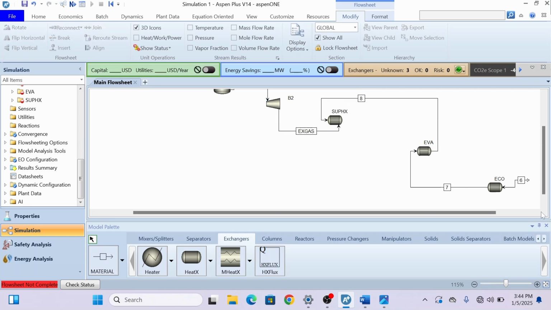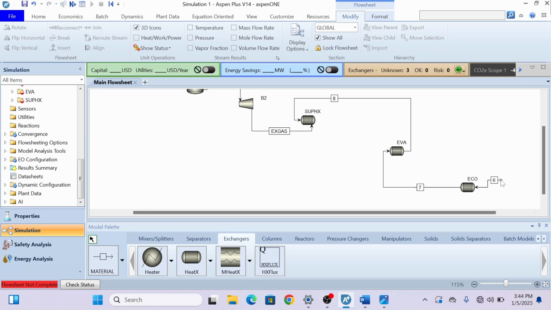You have to keep in mind that water is our cold stream, and these exhaust gases are our hot stream. So water in, here it is water out, and at the exhaust end of this evaporator you will have steam, so you can write it as steam. So now I'm going to complete my connections.